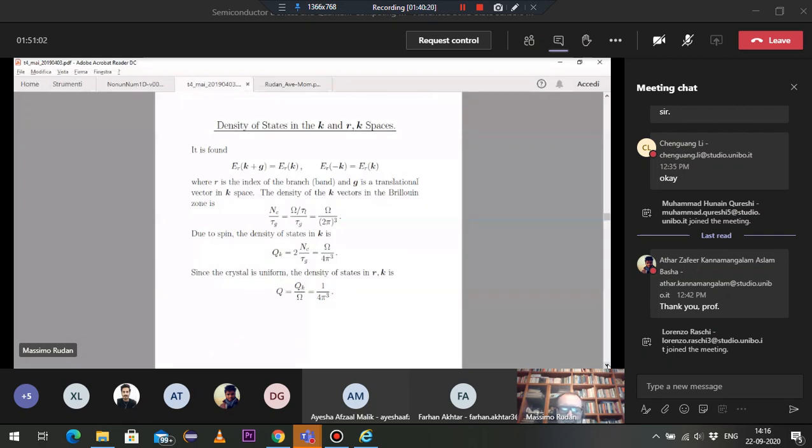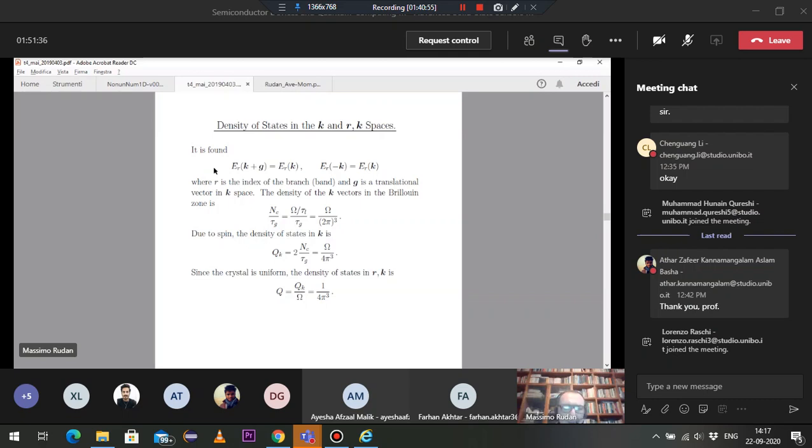These slides give you in compact form some properties of the band. Some of them are known, okay? If you take any branch of the energy, the branch is indicated by this index R. Of course, we already know that we shall consider only the conduction band and the valence band, so the index is not necessary anymore, but for the moment we keep it.